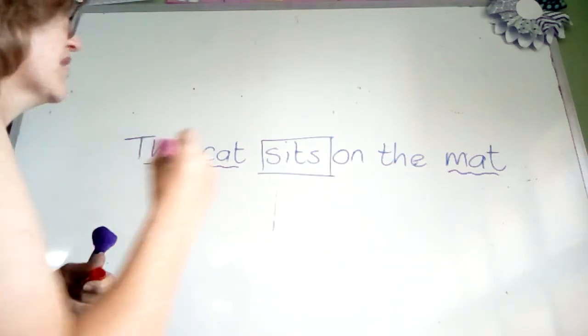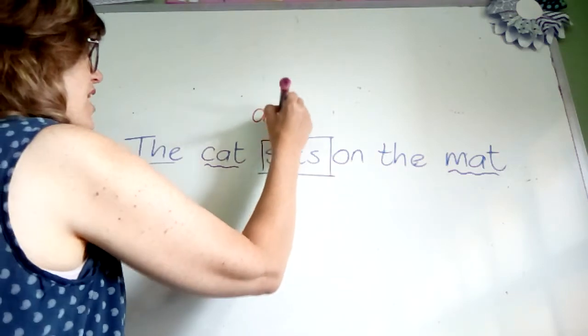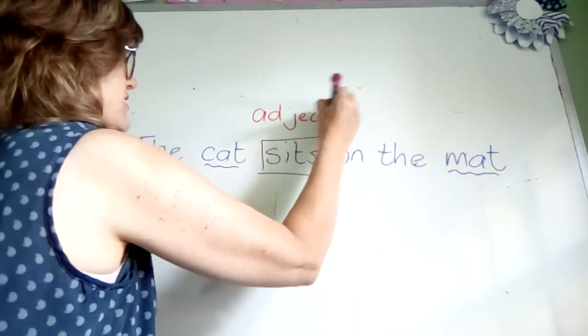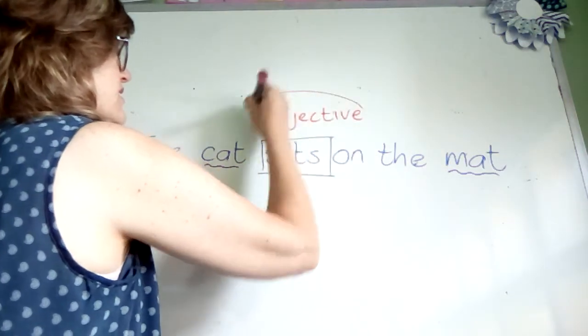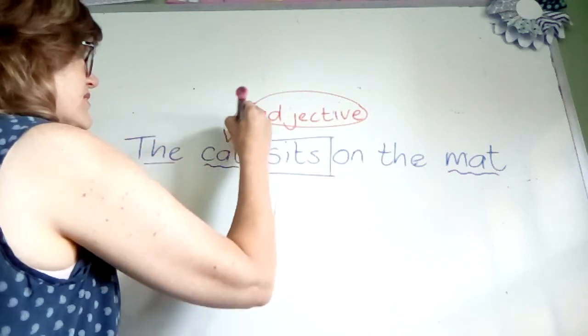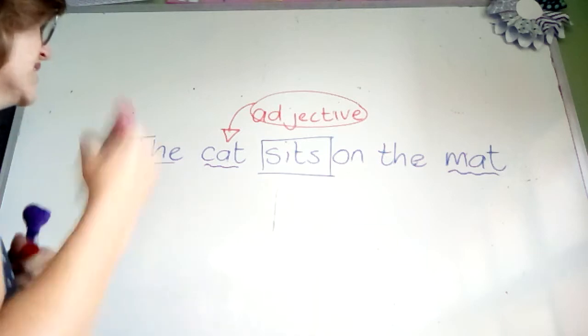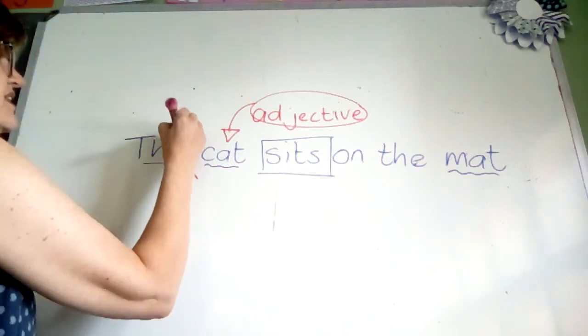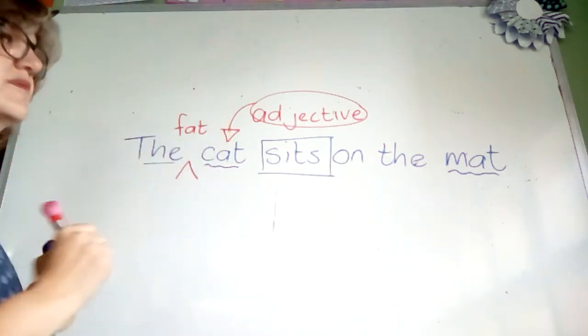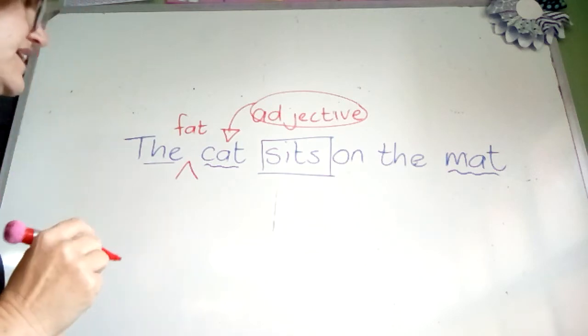But today we are going to focus on our adjectives. Now, adjectives will tell me more about the cat. So, now we're going to describe our cat. Now, let's say the fat cat. Alright, I can say the fat cat.